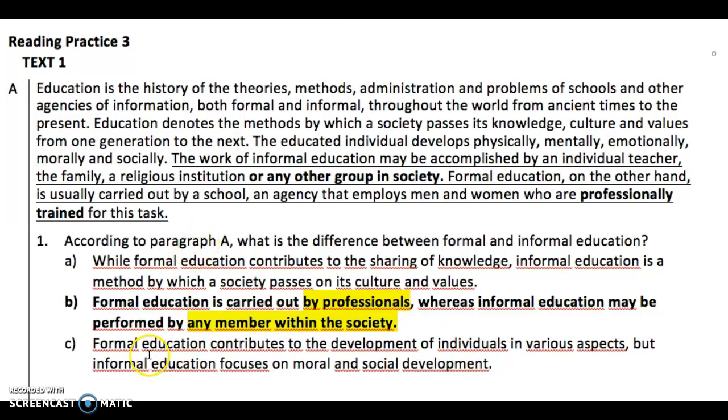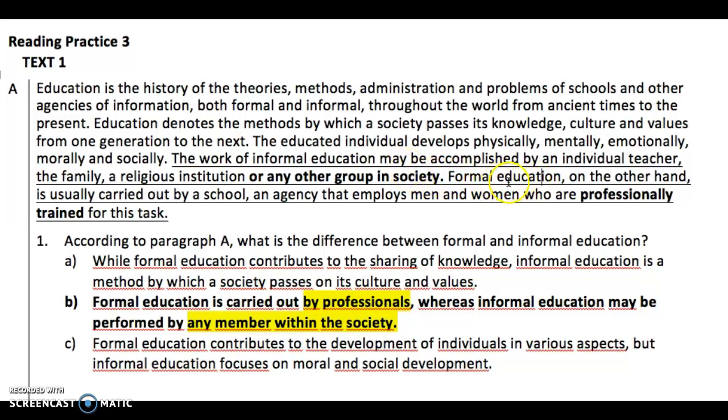So, first question asks you about the difference between formal and informal education. These are the keywords. Just go and look at the paragraph, find them here. Informal education and formal education.